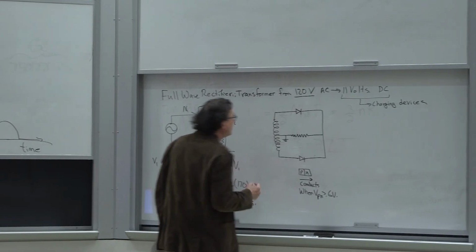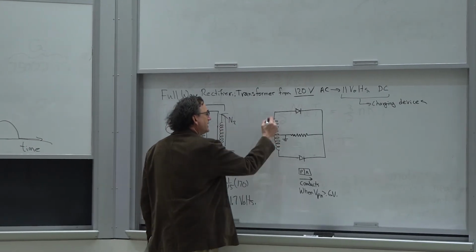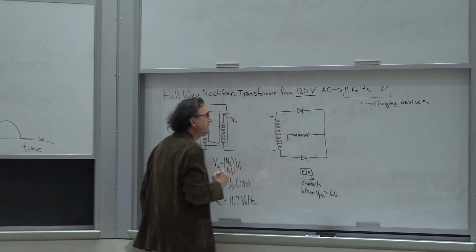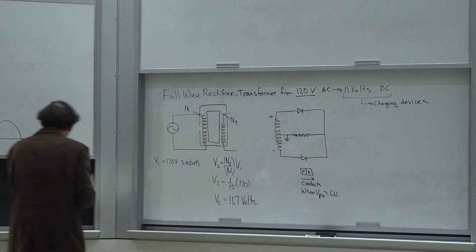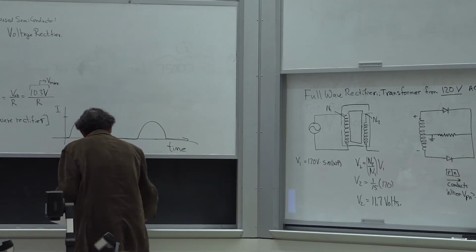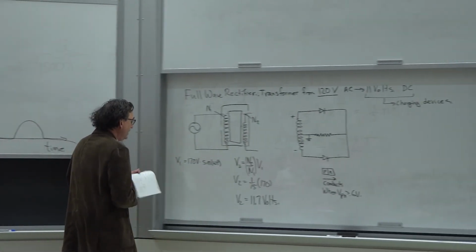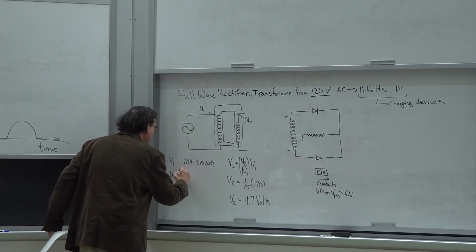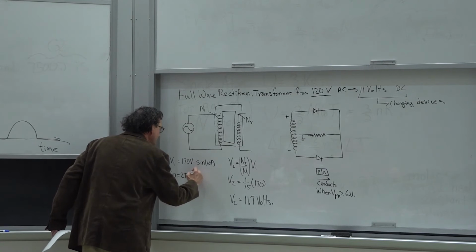Now, what is happening here when I ground the middle point is that in half of the cycle, this side goes positive and this side goes negative. By the way, it is important to specify that omega is equal to 2 pi times the frequency, which is 60 hertz.